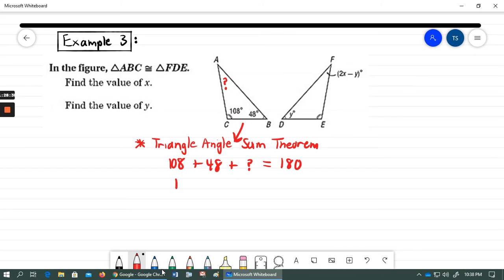So 108 plus 48 gives us 156. 156 plus this missing third angle equals 180 degrees. Subtract 156, guys, and this missing angle has to be 24.